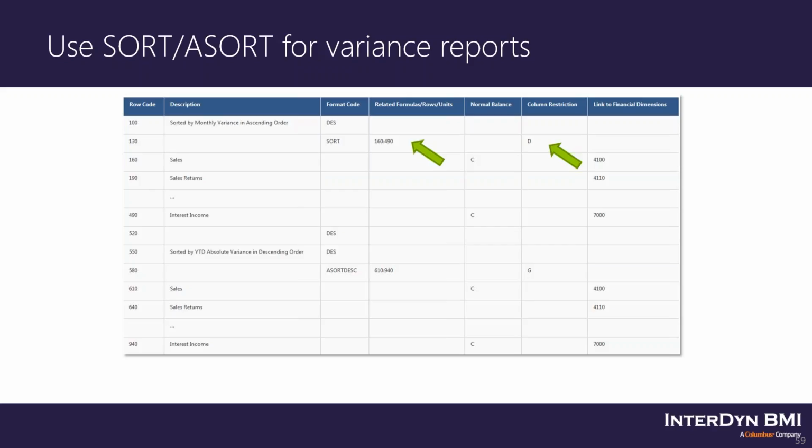So let's say you had 3 or 4 columns defined, one giving you month of, one giving you year to date, maybe you have some variances, maybe you're doing budget. Now you're going to tell it, I want it to sort on column D, these rows. And you can do the same thing down here with a sort descending. Okay, so it'll flip it around so that you're sorting in descending order instead of ascending order.